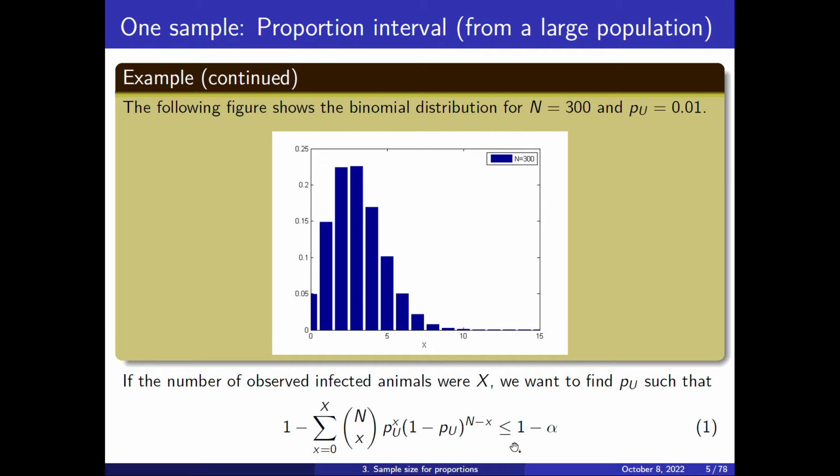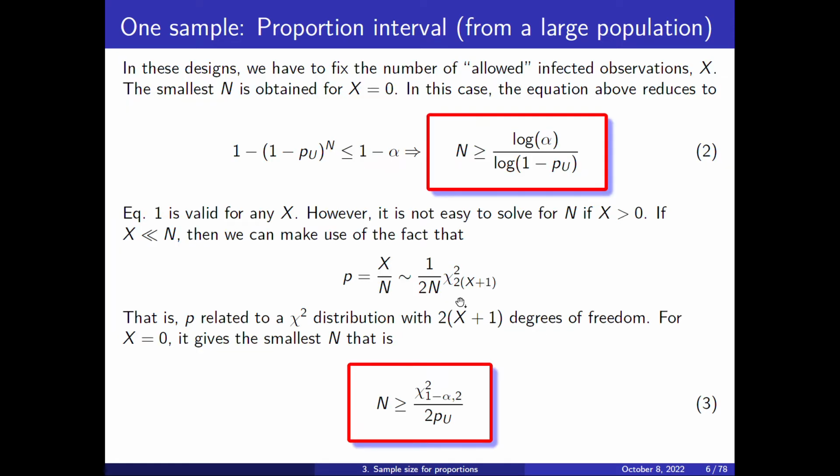This is another way of saying that from X to the right we see alpha. Okay, so we can obtain the smallest n when X is equal to 0, and then we can calculate n. This is exact, there is no approximation here, so n can be calculated like this.